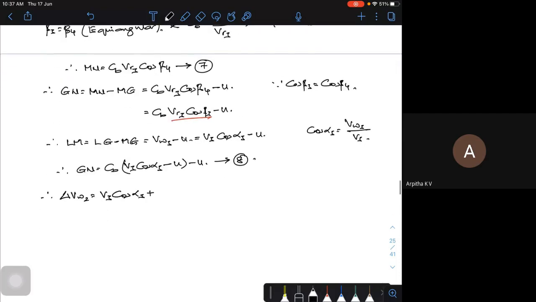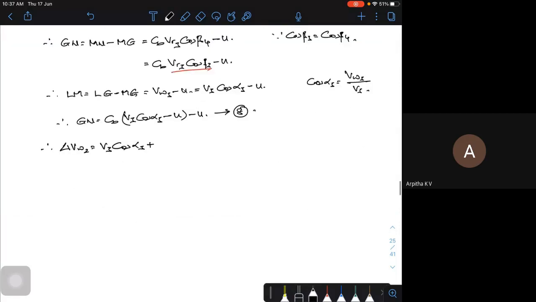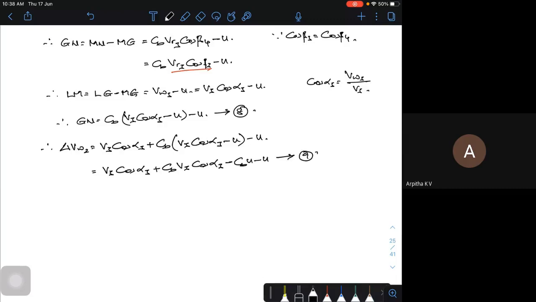I can write it as CB into V3 cos alpha 3 minus U, minus U. If I open this bracket, this will be V3 cos alpha 3 plus CB into V3 cos alpha 3 minus CB into U minus U. Let me call this equation number 9.